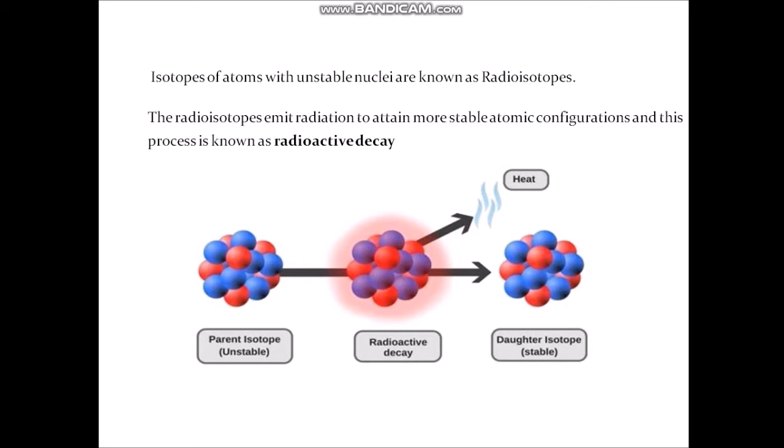It becomes agitated, or aggressive, we can put it that way, and tries to attain stability by emitting some kind of energy or heat, or some rays or any kind of radiation. Here, the pictorial representation just shows that it emits heat and attains a stable isotope known as the daughter isotope.